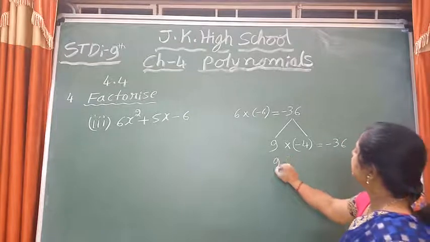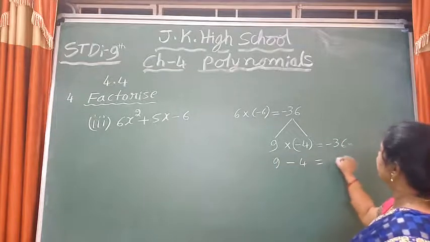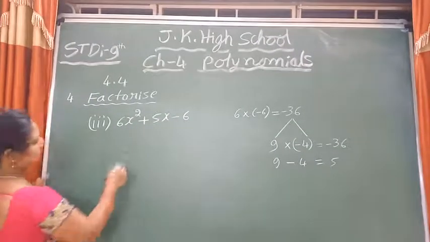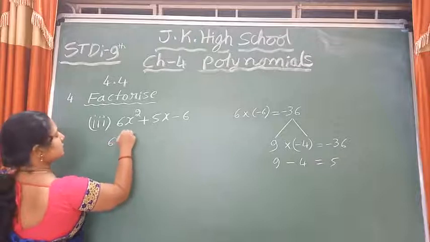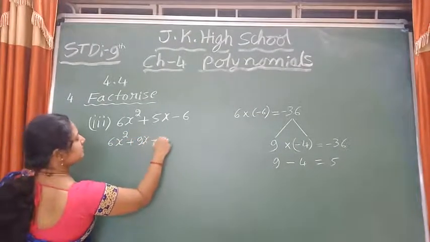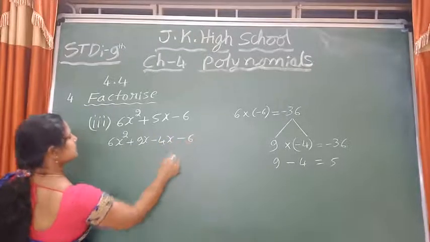Then 9 minus 4 is 5. Okay, I can split this middle term. So 6x square as it is you write it. The middle term you split in this manner, 9x minus 4x minus 6.